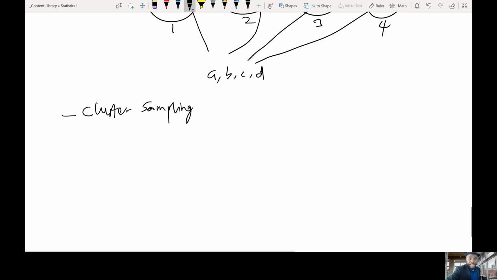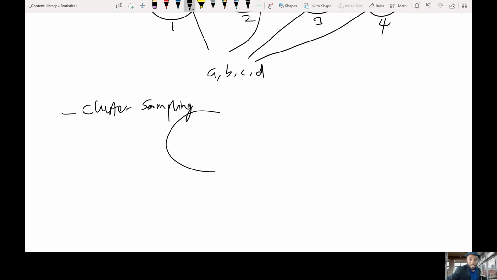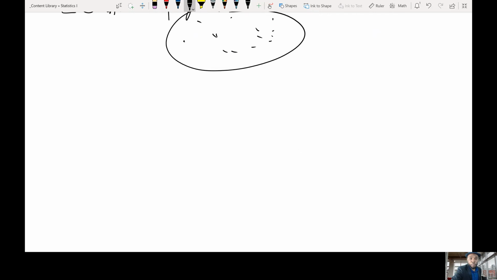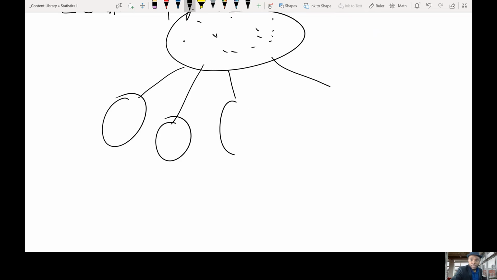So what that means is that I have this whole big population, and then what I do from here is I just break this into different subgroups, into different clusters. So I could have this cluster, another cluster, another cluster, another cluster.